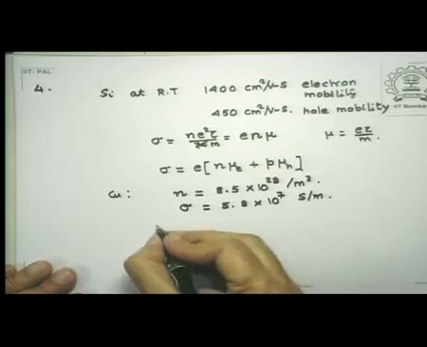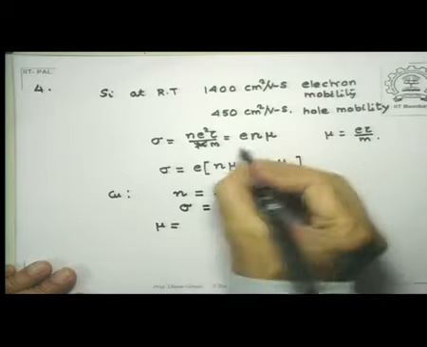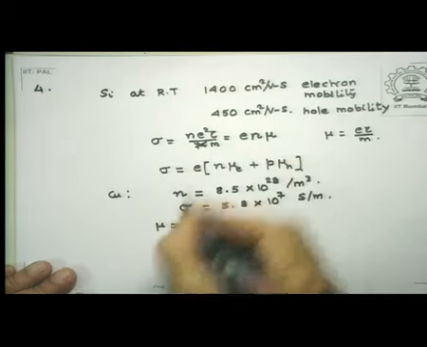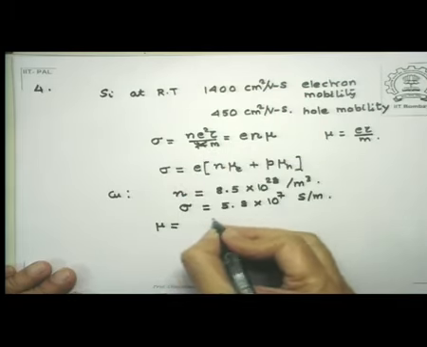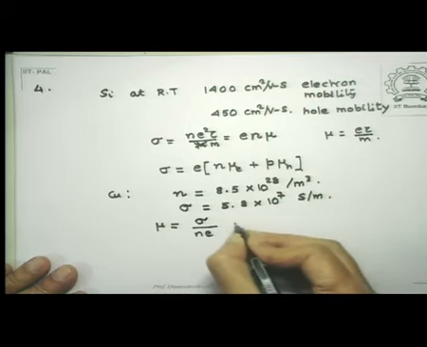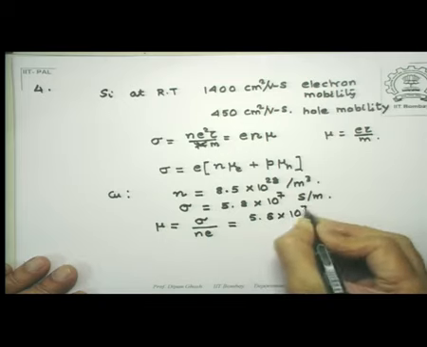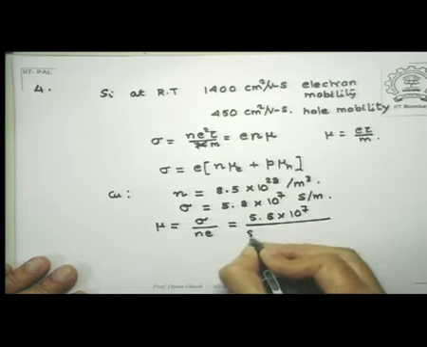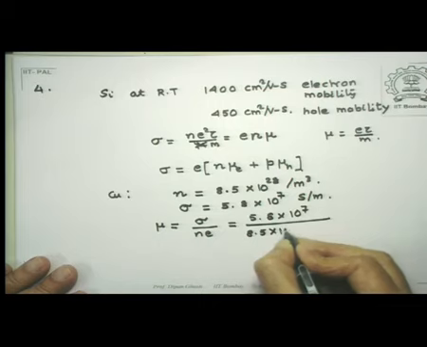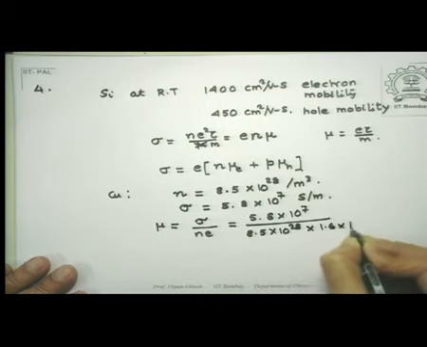So therefore my mobility is, if you look at this expression, sigma equal to ne mu, my mobility is simply sigma over ne. You substitute this, so this is 5.8 into 10 to the power 7 divided by 8.5 into 10 to 28 multiplied by 1.6 10 to minus 19.